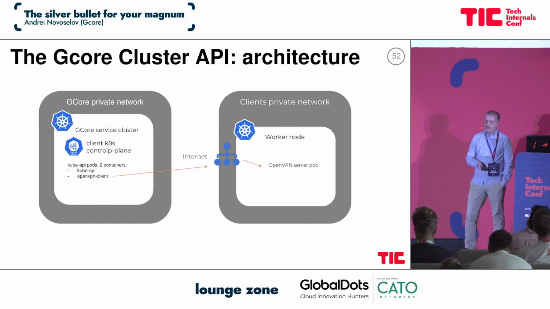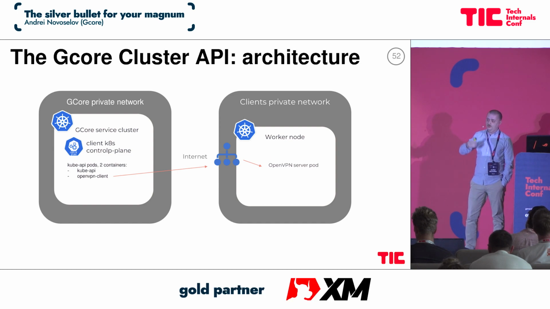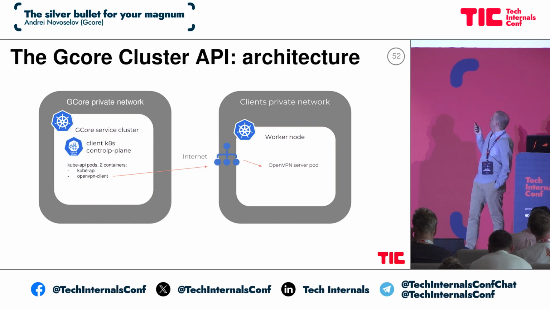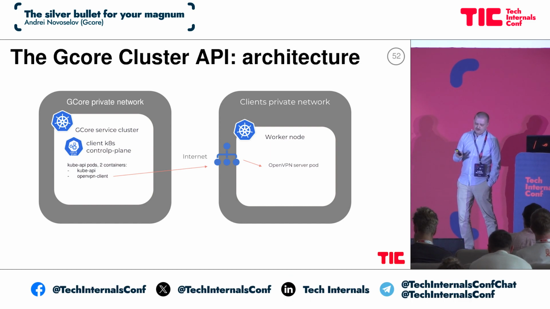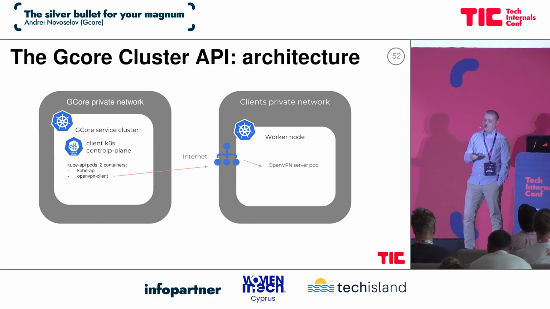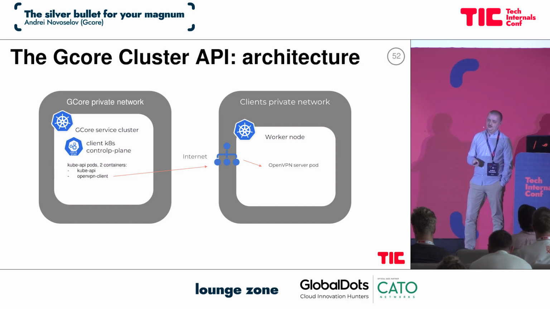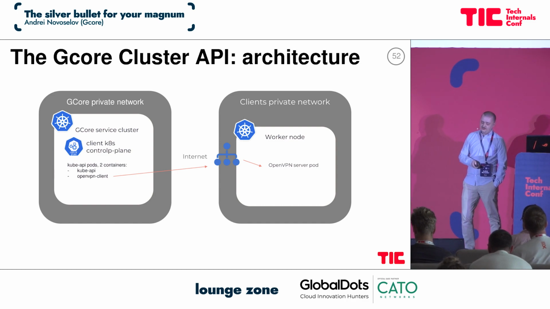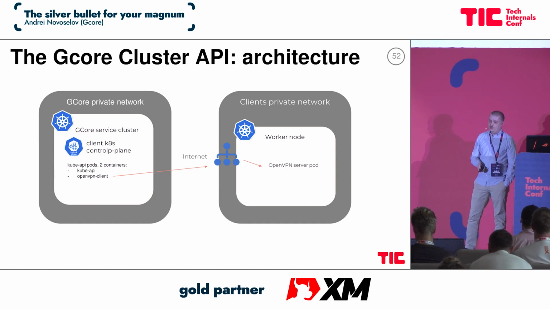How did it look like? We spin up the pod with OpenVPN server on the client side, on one of the worker nodes. And we create another load balancer, which is also publicly available on the IPv4 or IPv6. And inside the control plane, inside the Kube API pod, we just spin up the sidecar with OpenVPN client, which connects directly to this load balancer and to this server.